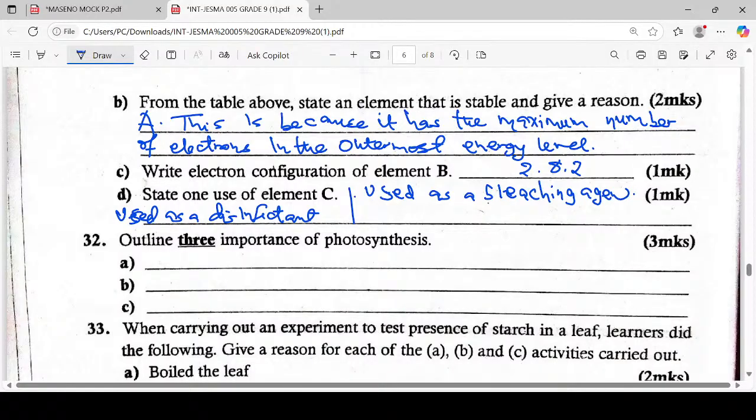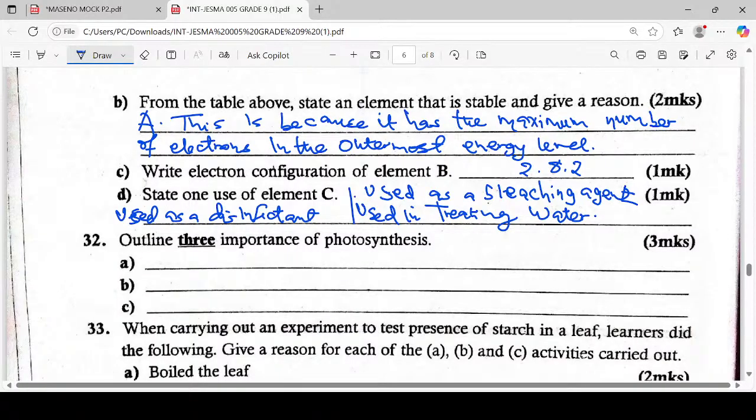Chlorine can be used as a bleaching agent. We can also use it as a water treatment agent, used in treating water, because we do add chlorine to water so as to treat water, and many more uses. The key thing is for you to identify which element is that element C, and I've told you element C is chlorine. Then you need to give now the uses of chlorine.